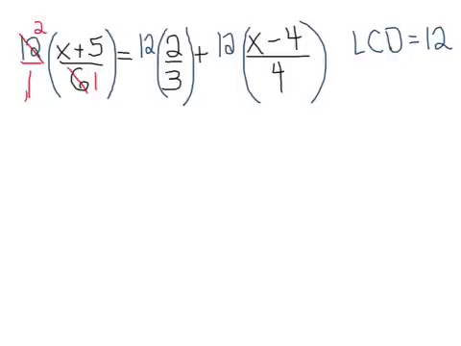And so what you end up bringing down from just this part here is whatever is left that didn't cancel. So in this case, that would be the 2 and the x plus 5 in the numerator. And then luckily for us, we don't have to bring the denominator down anymore because it's just a 1. So that is really the goal of fraction busting.